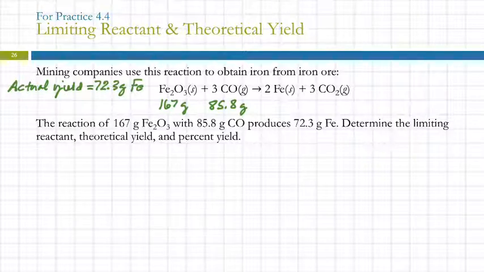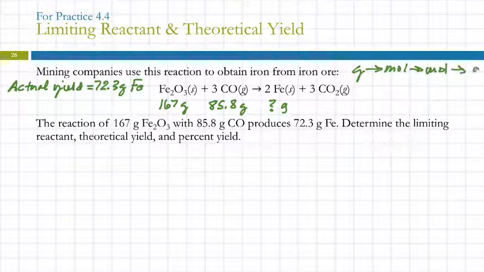What I'm trying to find out is how many grams of iron can be made. That's going to be the theoretical yield. Everybody okay with that? So I have two reactants, and I'm in a limiting reactant sort of problem, and so I'm going to do grams to moles to moles to grams twice.